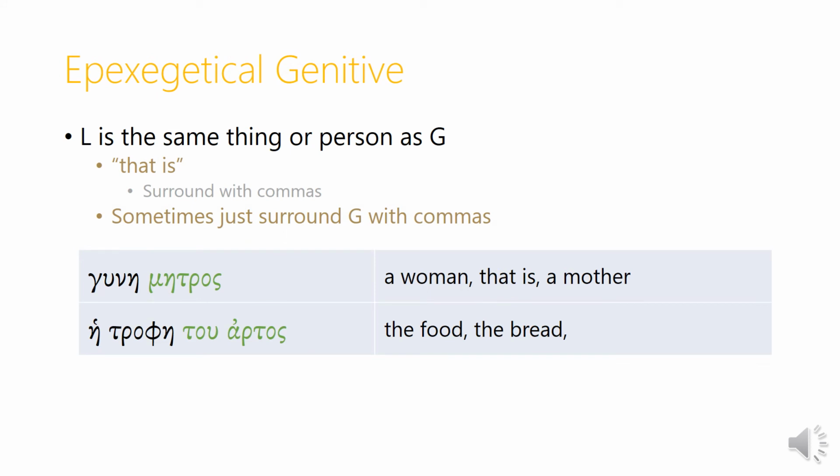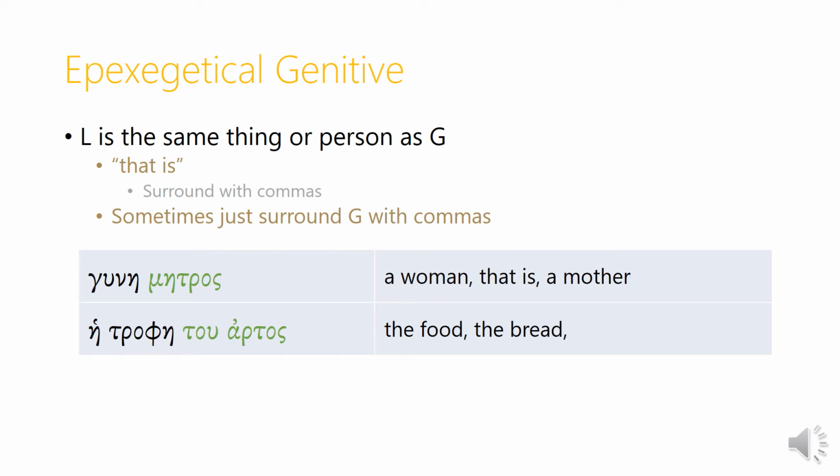The epexegetical genitive, where the lead nominal is the same thing or person as the genitive nominal, this is where we often translate using the English phrase that is, or sometimes even just surround the genitive nominal with commas. So gune meteros, the mother woman, the mother and the woman in this case have a very close relationship.